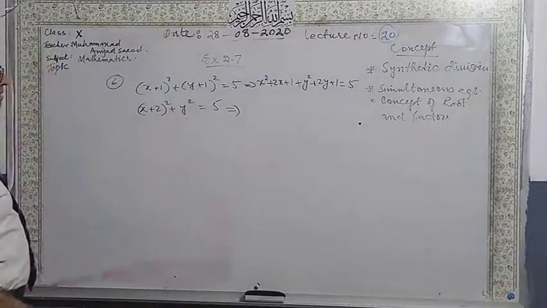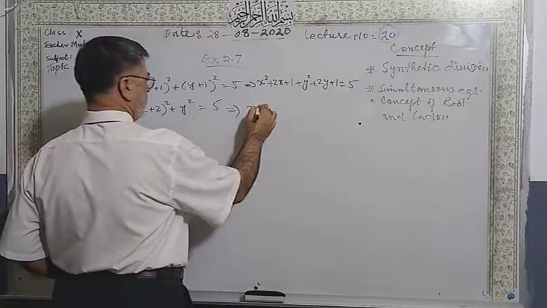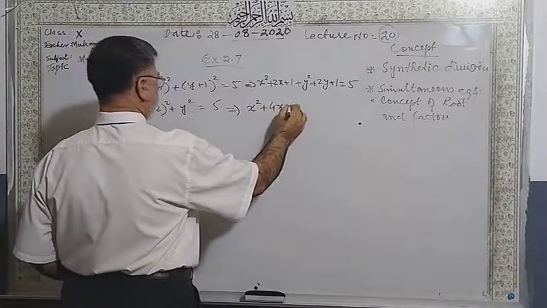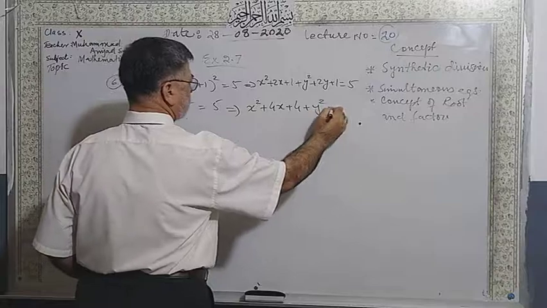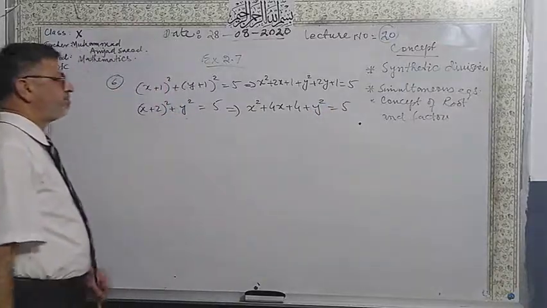Implies that the second one is x square plus 4x plus 4 plus y square is equal to 5.